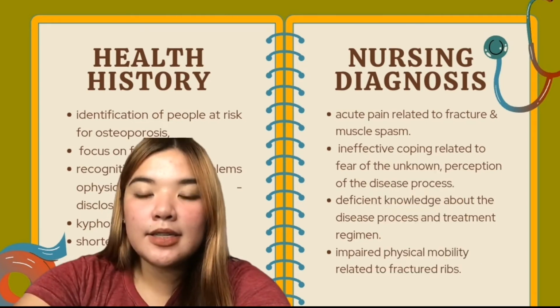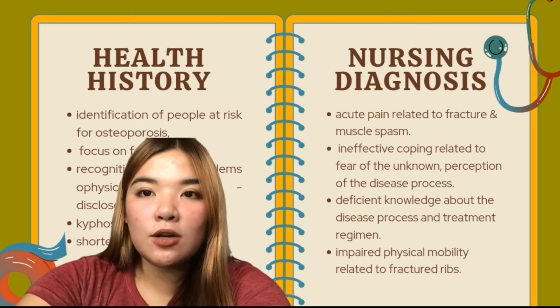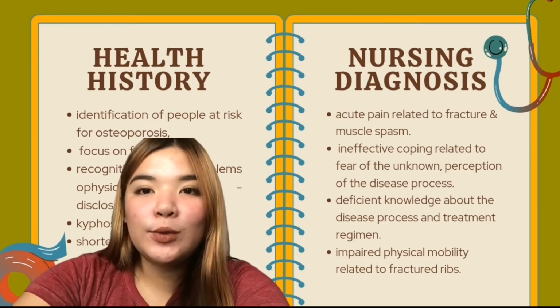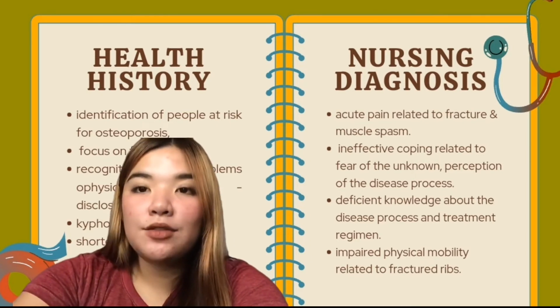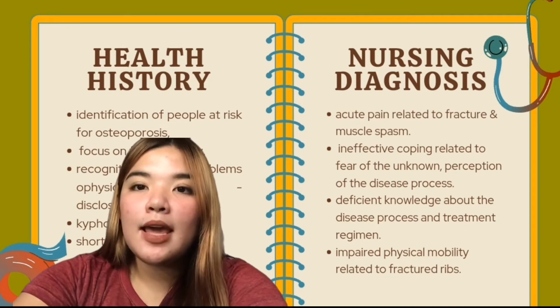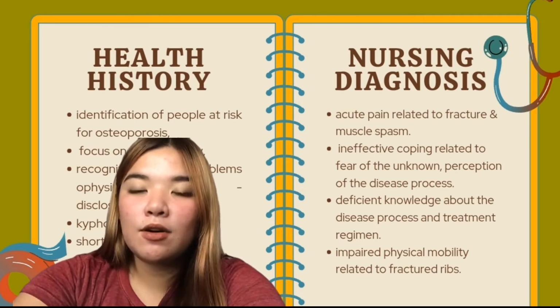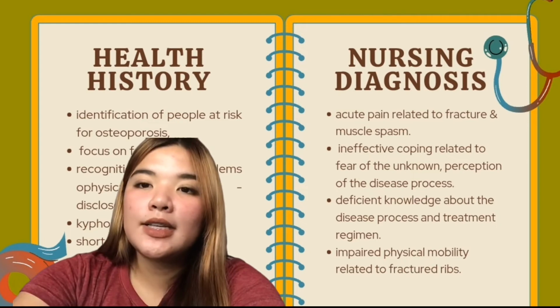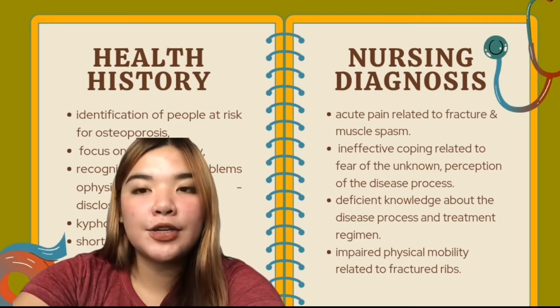The initial nursing diagnosis for a patient with osteoporosis may include acute pain related to fracture or muscle spasm, and risk for injury related to osteoporosis such as wrist, hip, and spinal bone fracture.